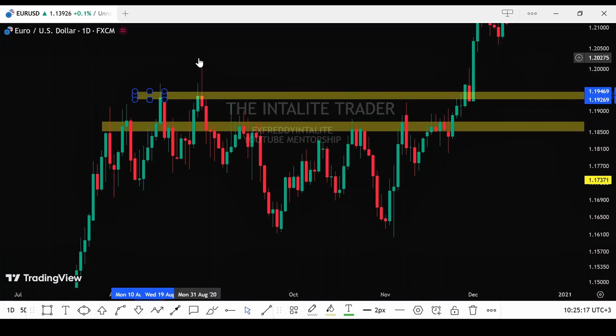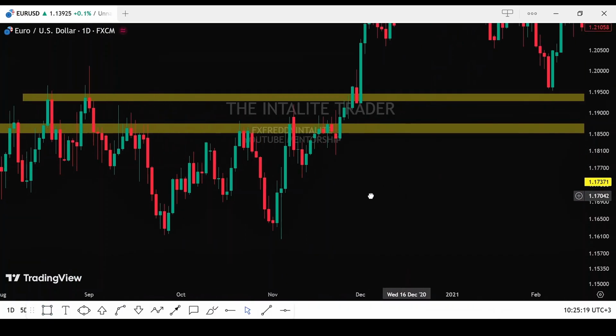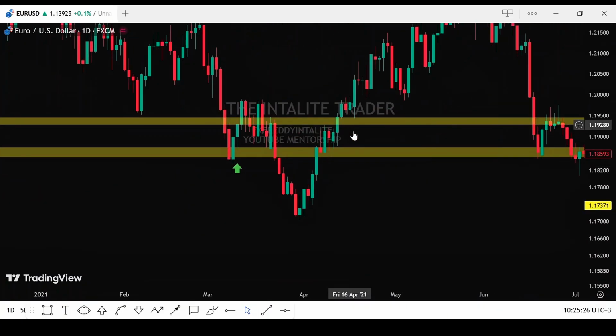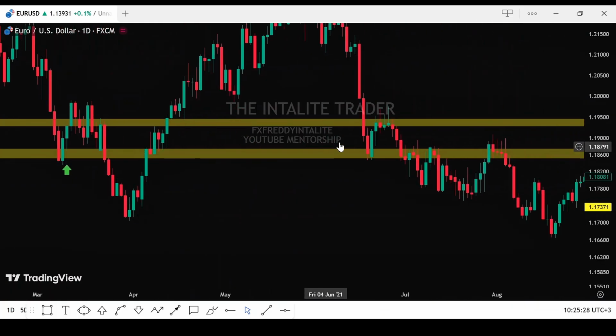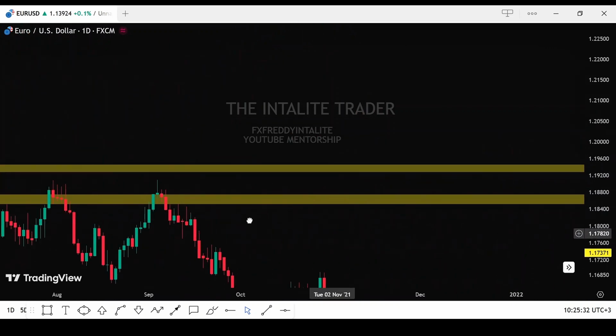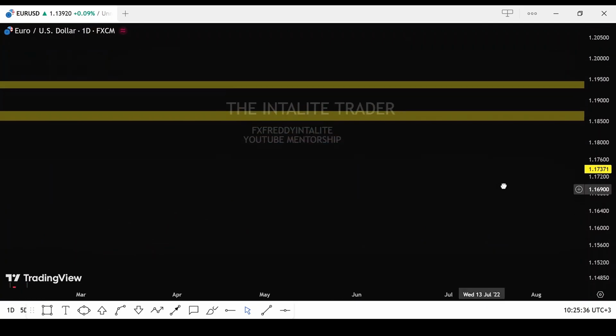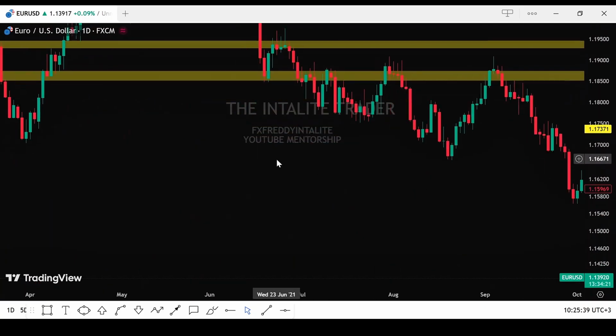If you follow this rectangular zone drawn, price has respected it here. It has respected it at this point. It has again respected it here, and so on. So each time price comes to the level, it reacts to the level.